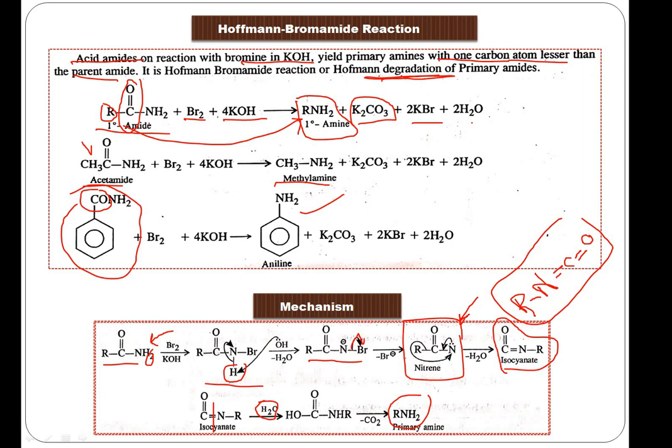Number 2, the amide reacts with bromine in the presence of KOH. Then the amine formed has one carbon less than the parent amide, so it's a degradation process. In its mechanism, the intermediate formed is nitrene, which rearranges to form isocyanate. So this is the important information which you have to remember.